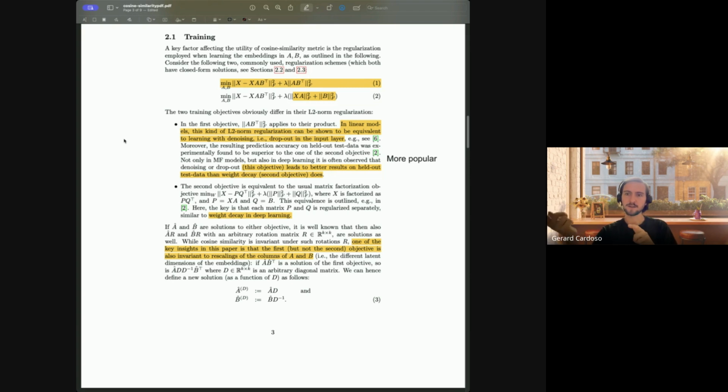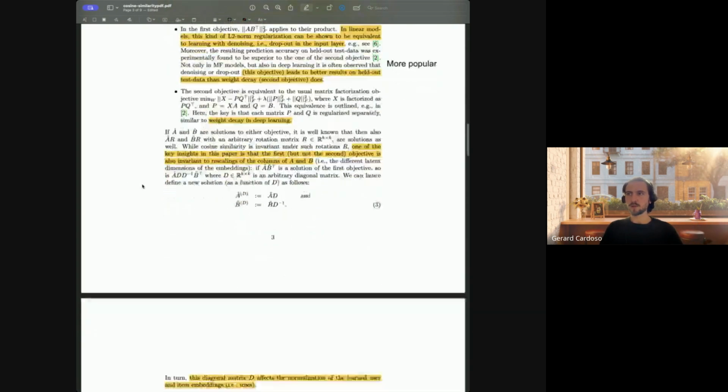So cosine similarity is not invariant to the scalings of the columns of A and B. Effectively what we're saying is you can scale the columns of A and B and you achieve effectively the same solution. However, that will change the resulting cosine similarity of those embeddings.